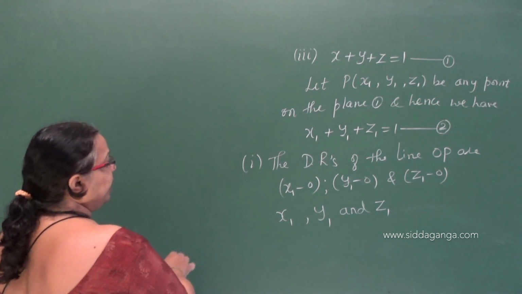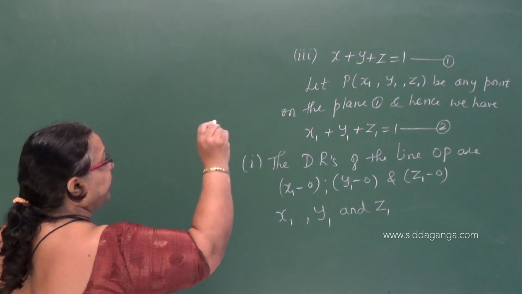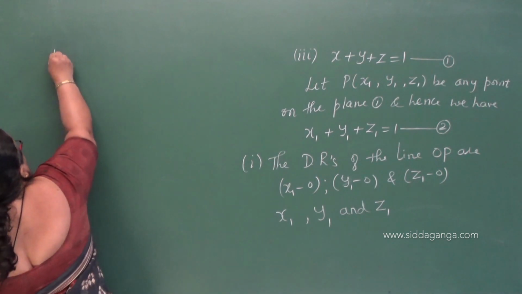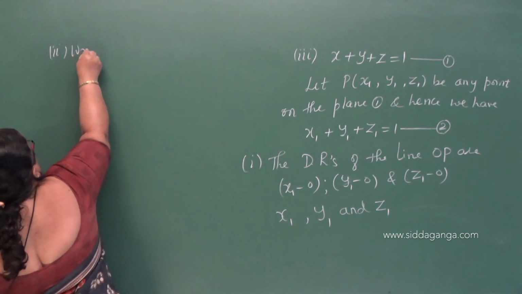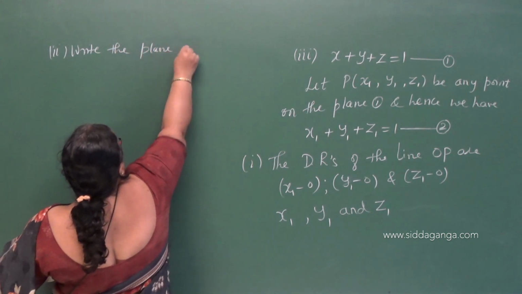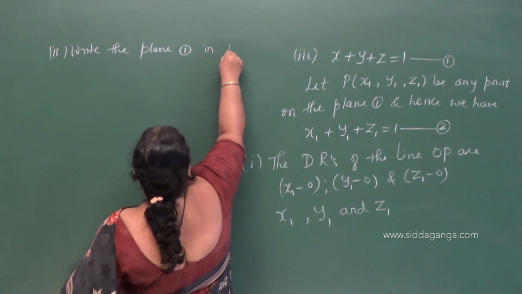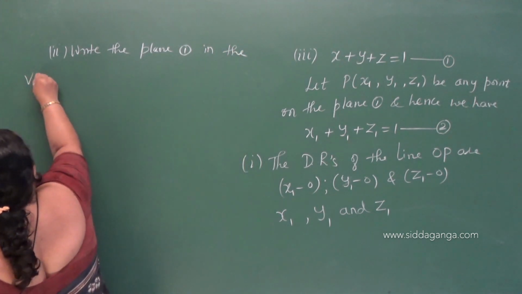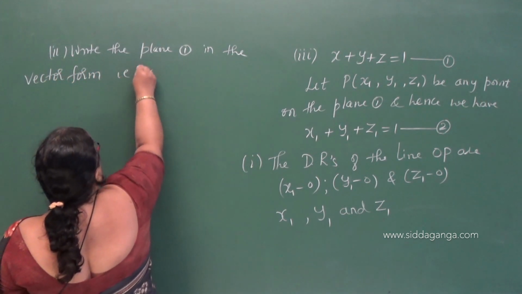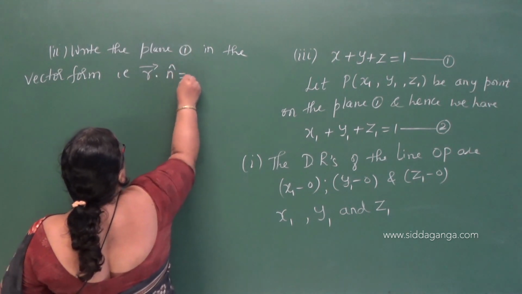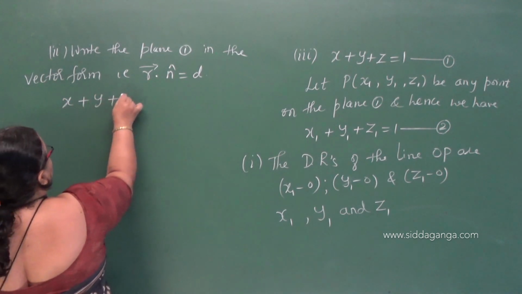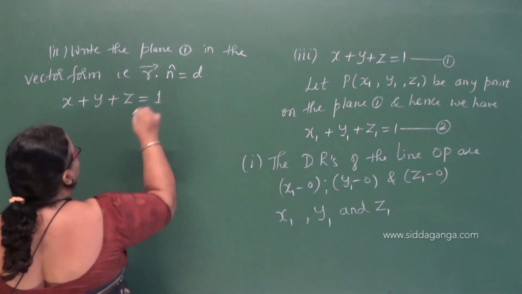At the second point, we have to write the plane equation in the vector form. So at the second point, write the plane 1 in the vector form, that is vector r dot n cap equal to d. So now you take the plane x plus y plus z equal to 1.